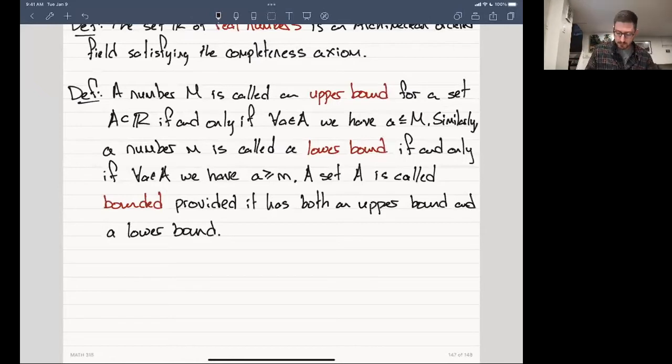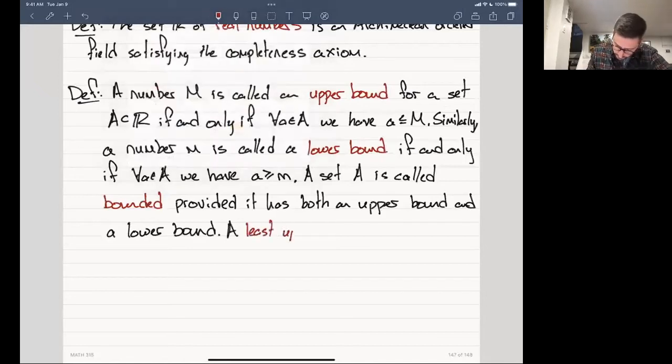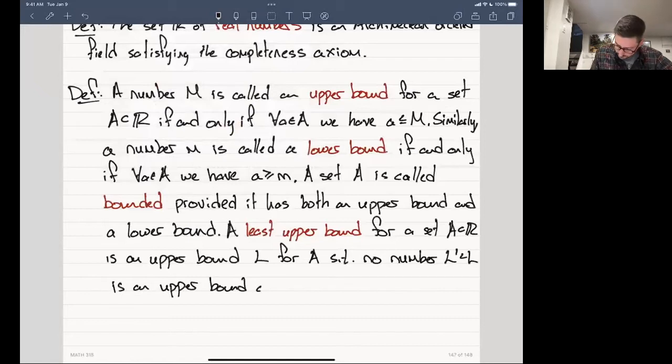I've got a little bit more that I want to add to this definition. So we say a least upper bound for a set A of the real numbers is an upper bound L for A such that no number, let's call it L prime, which is smaller than L, is an upper bound of A. Right, so it's the smallest upper bound that you could possibly find.